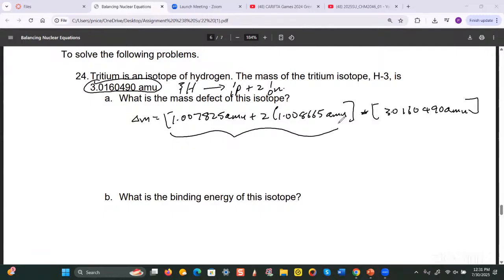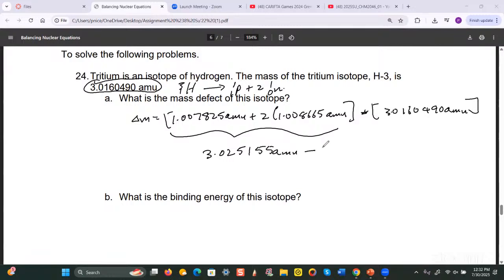All right? So let's see what we get when we add this here. So 2 times 1.008665. To that, I'm going to add 1.007825. And this part here ends up being equal to 3.025155 AMU.